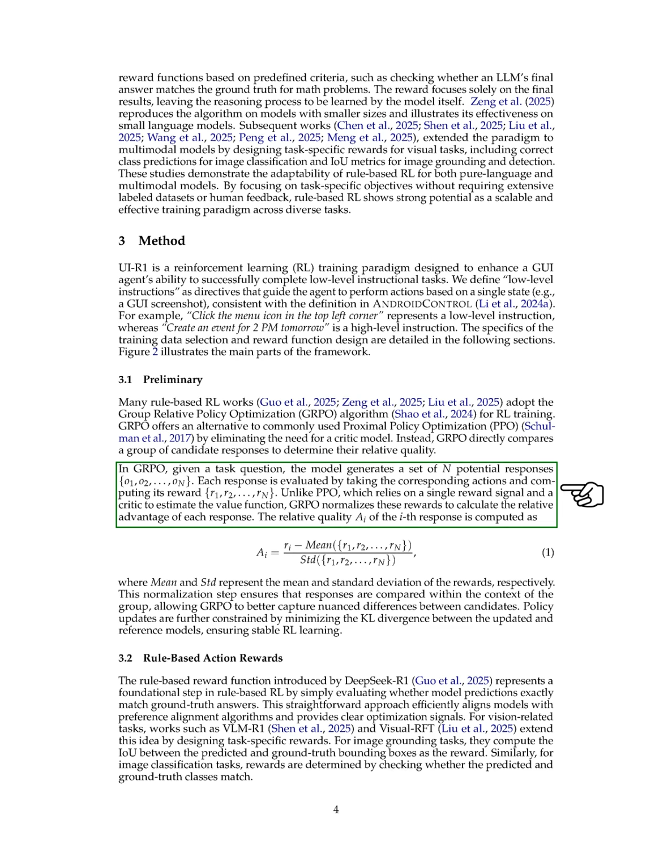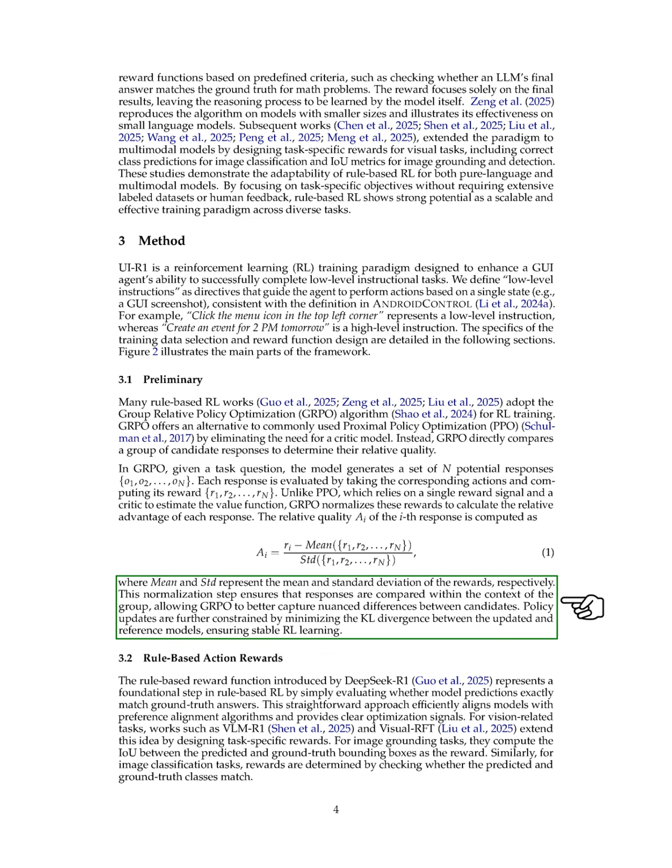Unlike PPO, which uses a single reward signal and a critic to estimate value, GRPO normalizes these rewards to determine the relative advantage of each response. The relative quality of a response is calculated using the mean and standard deviation of the rewards, allowing for better comparison among responses. Additionally, we ensure stable learning by minimizing the difference between the updated and reference models.